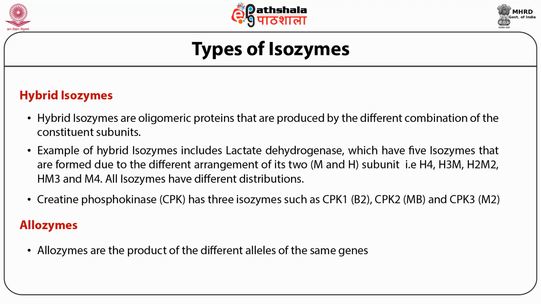So, if the alleles have minor variations in the sequences, then your allozymes also have minor differences in the sequences of amino acids, and the differences in the amino acid sequences lead to differences in the catalytic parameters, and that results in the development of allozymes. One such example is glucose 6 phosphate dehydrogenase.